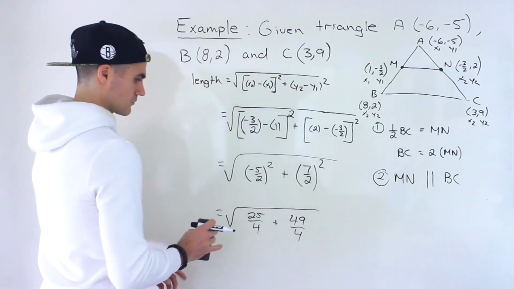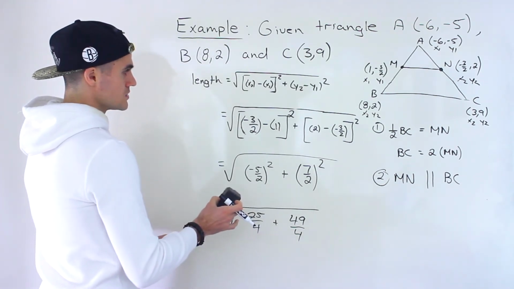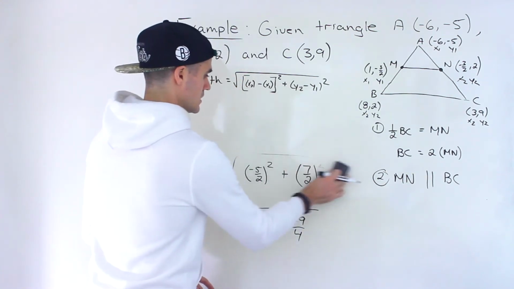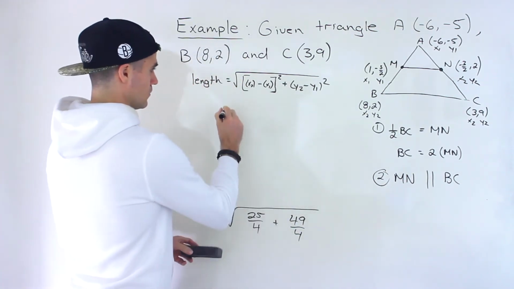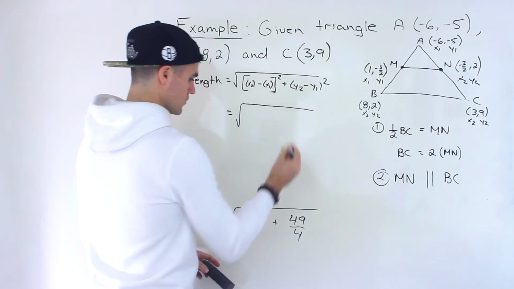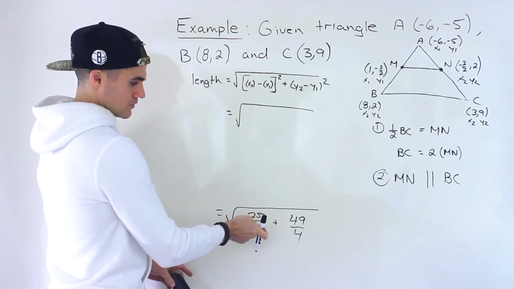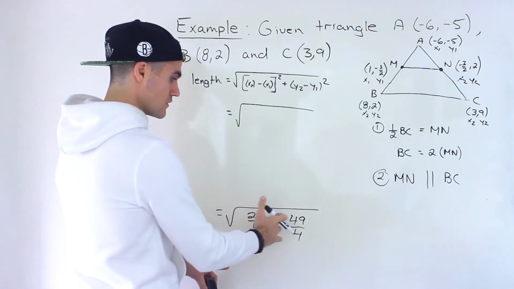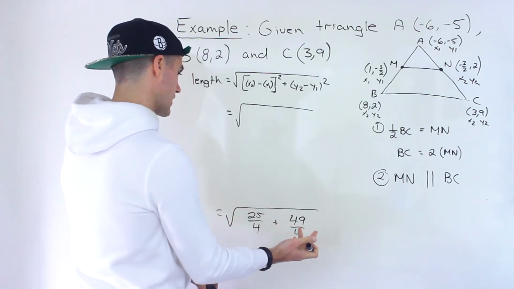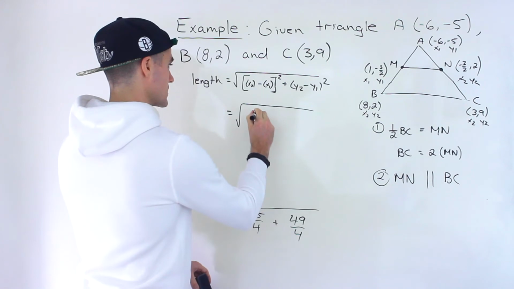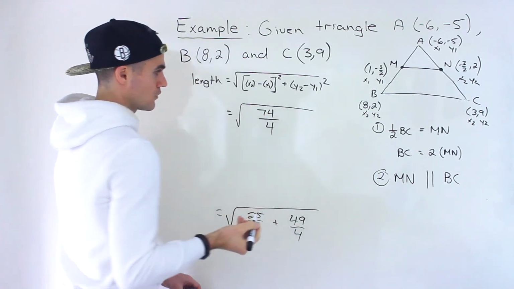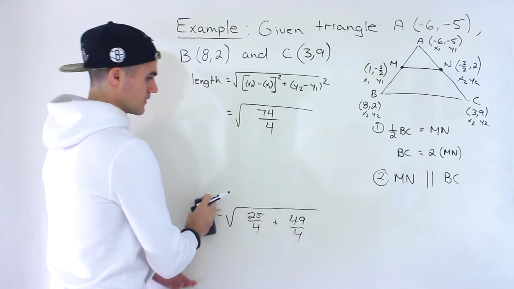So here, let me actually erase this. We would end up with the square root of, notice we already have a common denominator, so we could add these: 25 plus 49 would give us what, 74? And that's going to be over 4, like that.